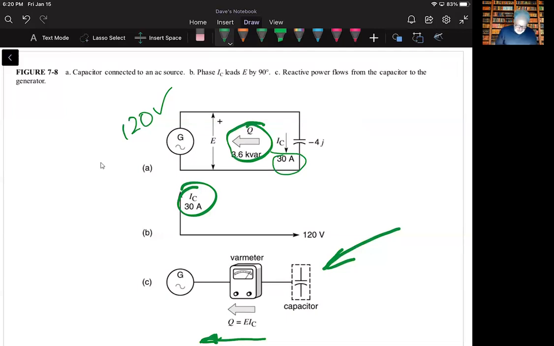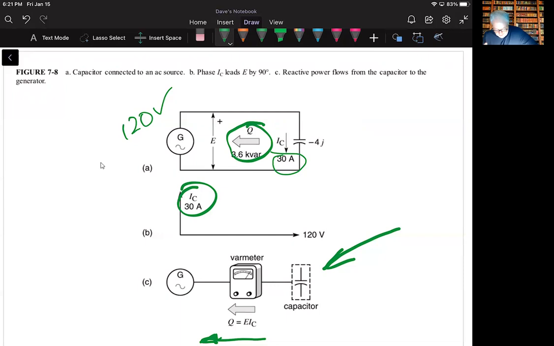For most people, me included, it takes a little time to accept that this could be occurring. How can a passive device like a capacitor produce any power?